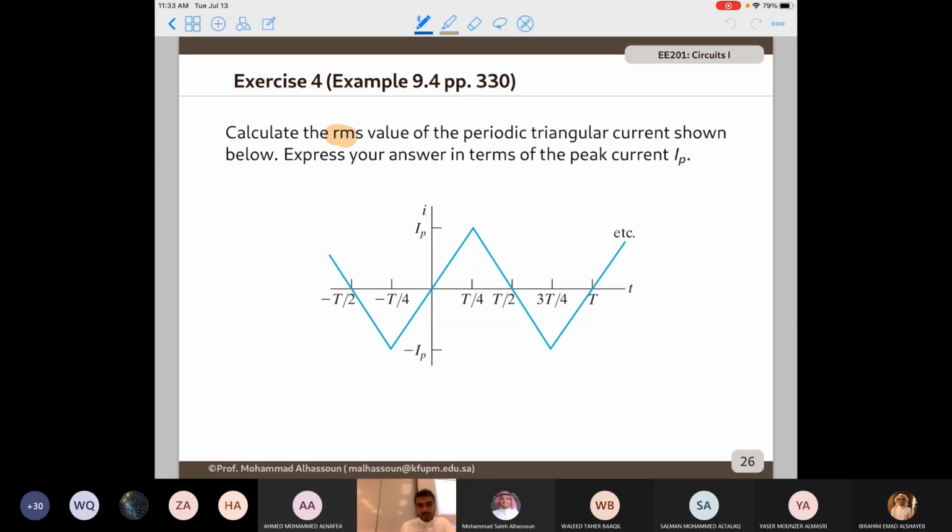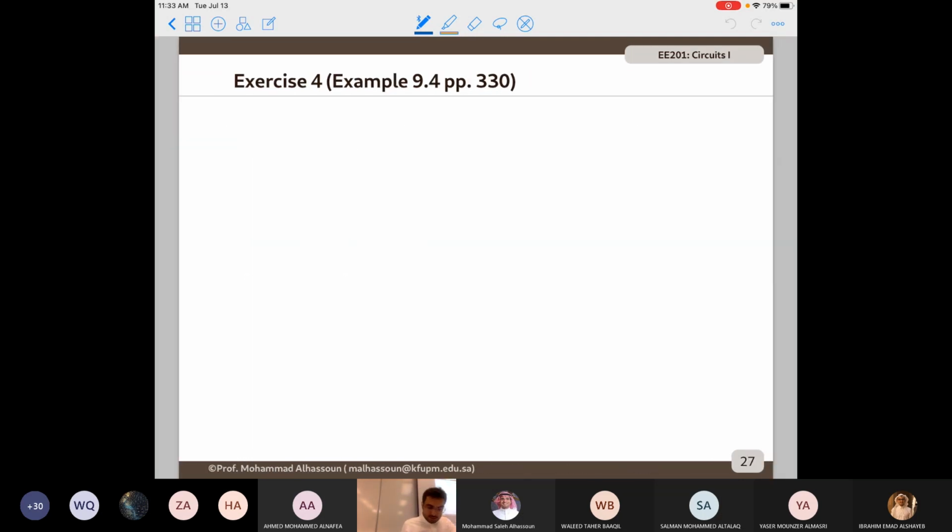So how did we find the RMS value in the previous case? This is the formula for that. Then we integrate over one period. If we have a triangular wave, a triangular voltage, then we will plot it, and it will be something like this.